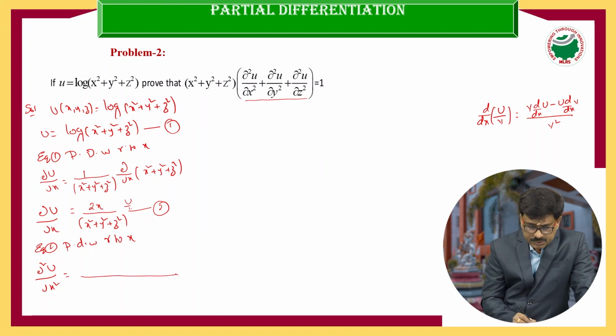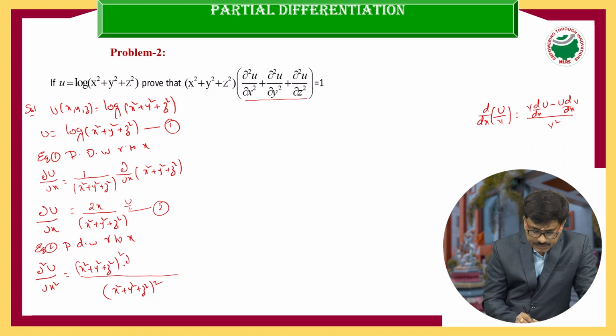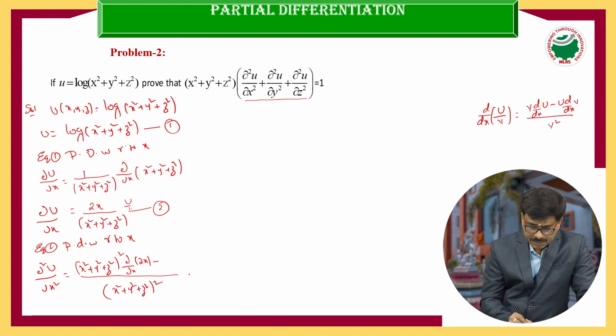The denominator becomes x² + y² + z², whole square. Then the numerator: derivative with respect to what? (x² + y² + z²) into 2, minus 2x into partial derivative of what? x² + y² + z².